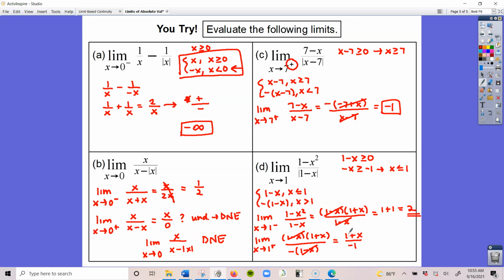You can put the negative on the side. That's up to you. But I'm just going to plug in the number. So this would be 1 plus 1 divided by negative 1, which gives me negative 2. So since the left does not equal the right, then this particular limit does not exist. And that's limits of absolute value functions.